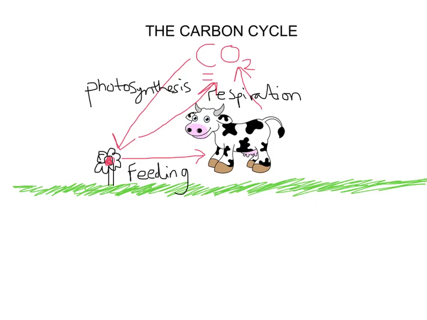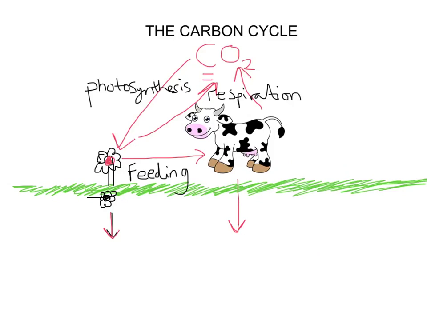Now, if the organisms, the plant and the animal, were to die, let's draw our plant like this, and our animal, well, I'm not even going to try and draw that cow upside down. Let's say they were to die, then we'll stick with the red. Then the carbon contained within them would pass into the ground, because decomposers, things like bacteria, will bring about decay and release those organic compounds containing carbon into the ground.